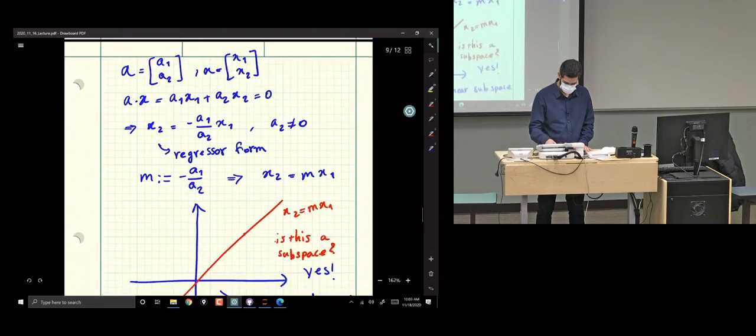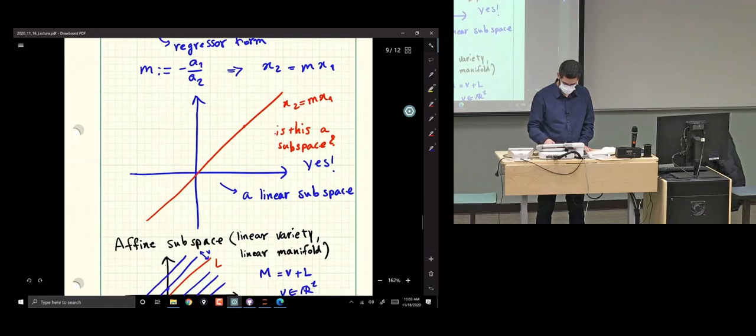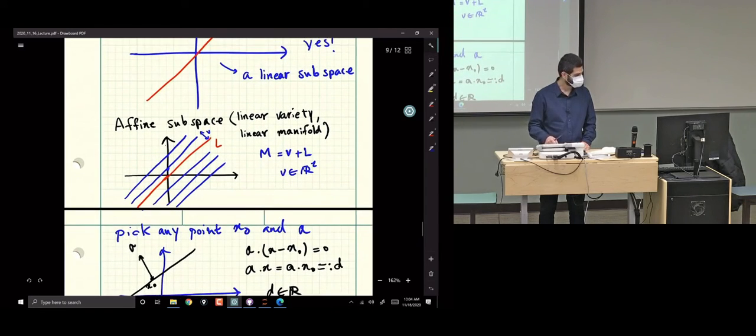It turns out the line that goes through the origin is a subspace, because a linear combination of points on the line will be on the line, and it does include the origin. Then we talked about linear varieties, which is when we translate the line to a bunch of parallel lines.